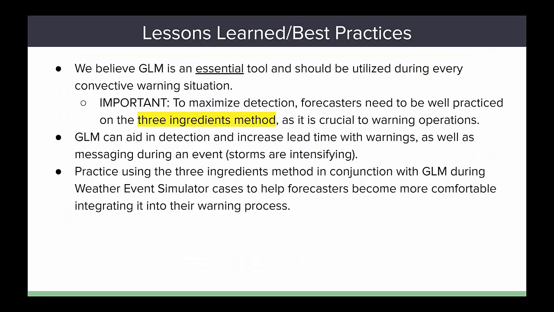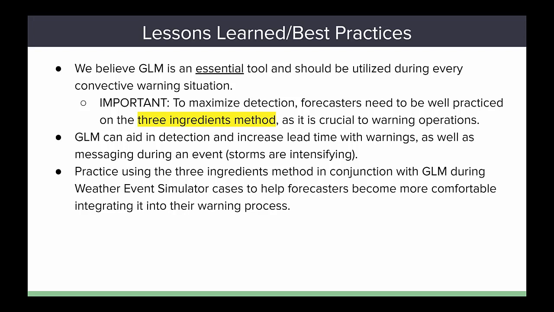So just to recap everything, a few lessons learned and best practices that we have learned here in our office locally. We strongly believe that GLM is an essential tool and should be utilized during every convective warning situation. I know now, for me personally, I will not sit through and work radar without having it up all the time on one screen.